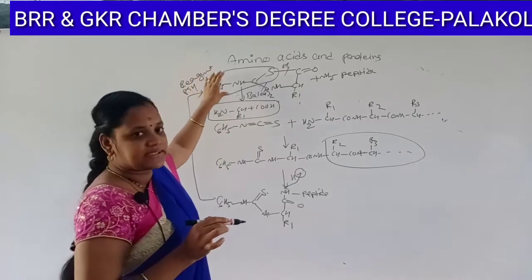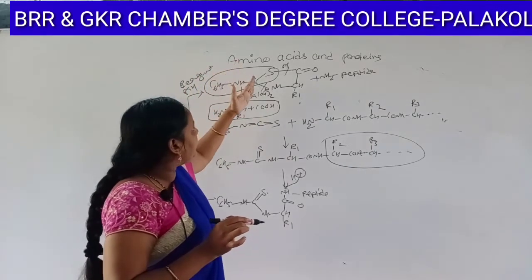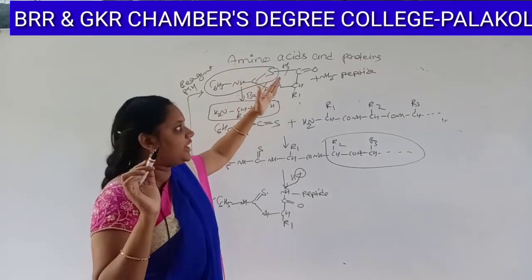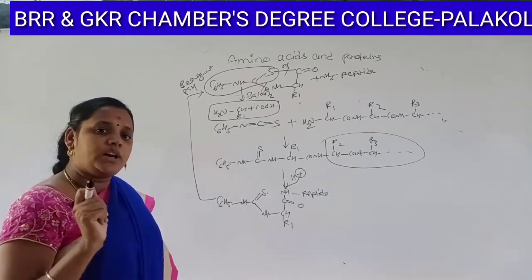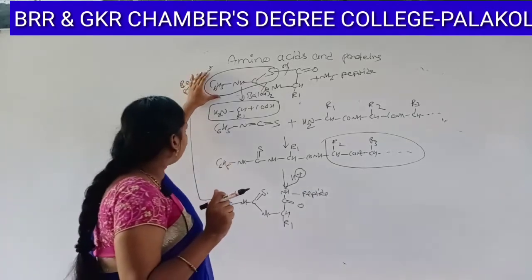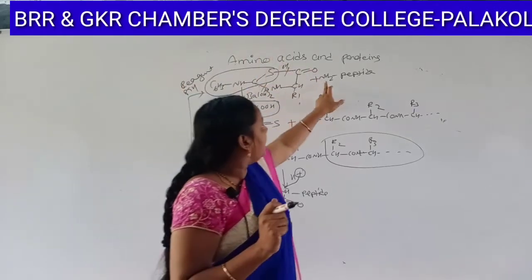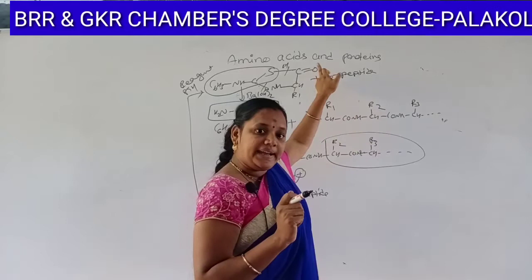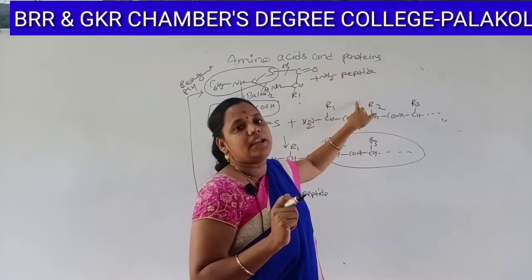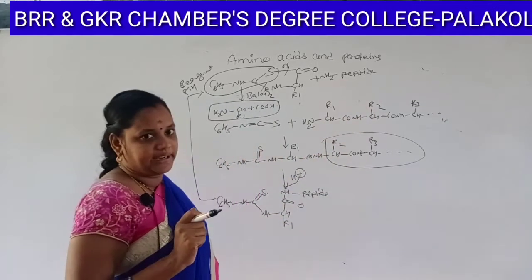So what has this reagent done? It has degraded the first amino acid from the peptide chain. In the next step, this phenyl isothiocyanate reagent again attacks the N-terminal of the second amino acid, and the procedure is followed again.